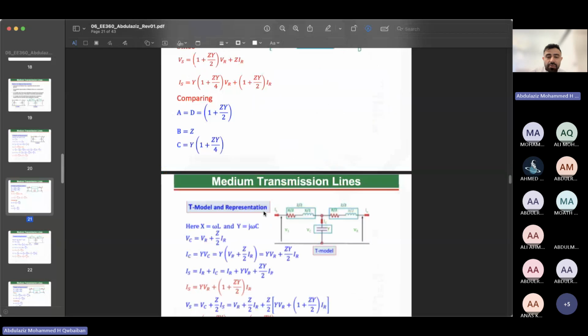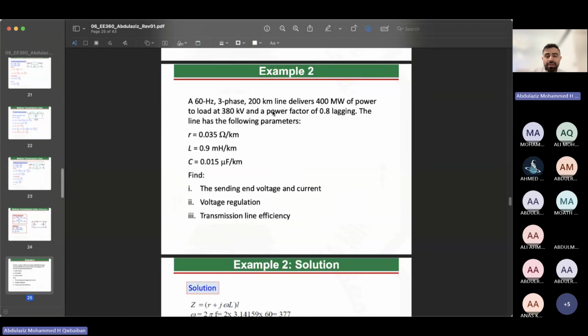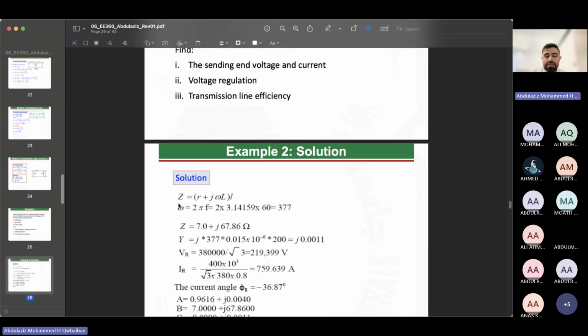The example that we started last lecture is a medium line, 200 kilometer. So what is the first step? The first step is to calculate Z, which is R plus j omega L, times the length of the line. Keep in mind that this should give you 7 plus j67.86 ohm.